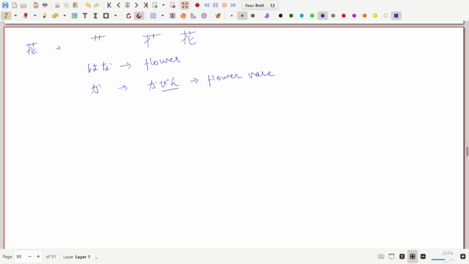Okay, so if I want to say the cherry blossom, sakura, blossoms in April: Sakura wa shigatsu ni sakimasu. Cherry blossom in Japan is very popular, their national flower, and that is sakura.